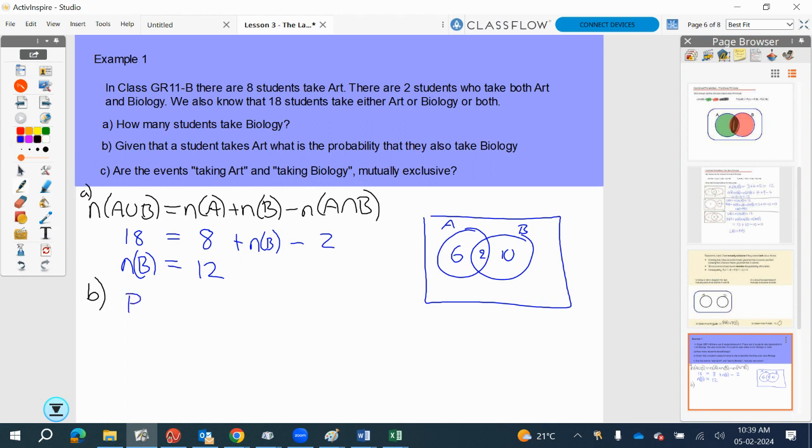So for this one, do we want to find A or B? We want to find the probability of B given which one has occurred? A. Conditional, so B given A. This is the probability of B intersection A over the probability of A. Recognizing this and getting it entered correctly matters, because that's not how it is on the formula sheet; they're the other way around on the formula sheet.